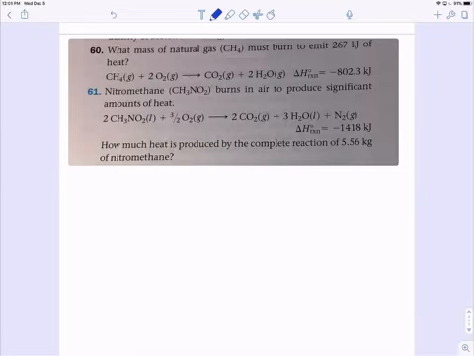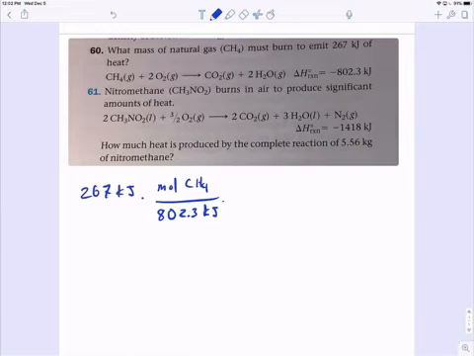You can do a dimensional analysis: 267 kilojoules times 1 mole CH4 to 802.3 kilojoules. I'm getting that from the reaction here: 1 mole CH4 releases 802.3 kilojoules of heat.